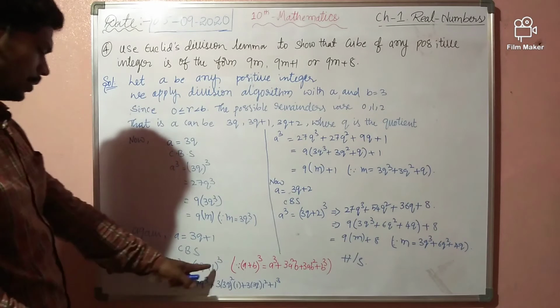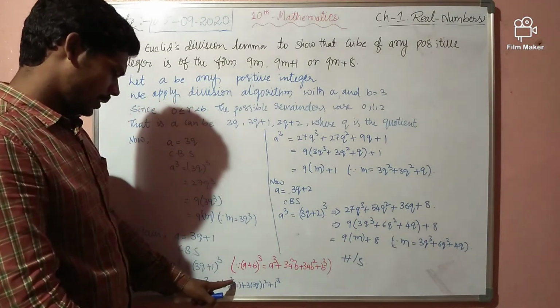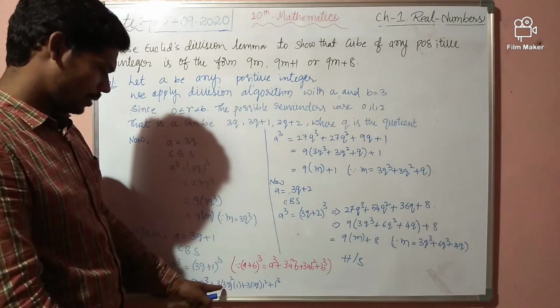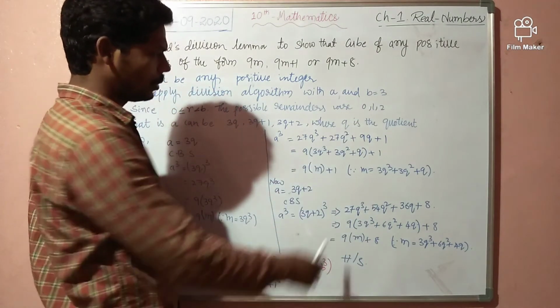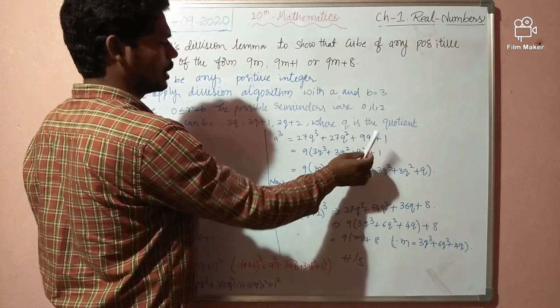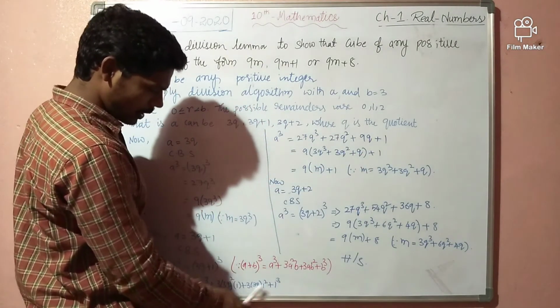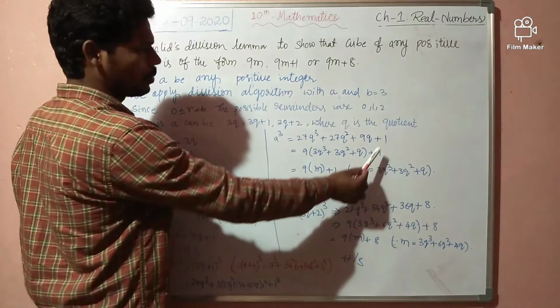Now 27 q cube, 3 3s are 9, 3 square is 9, 9 into 3, 27 again, 27 q square, 3 3s are 9 into q into 1 square, that is 1. Here 1 square is 1, 3 3s are 9 q, and 1 cube is 1.